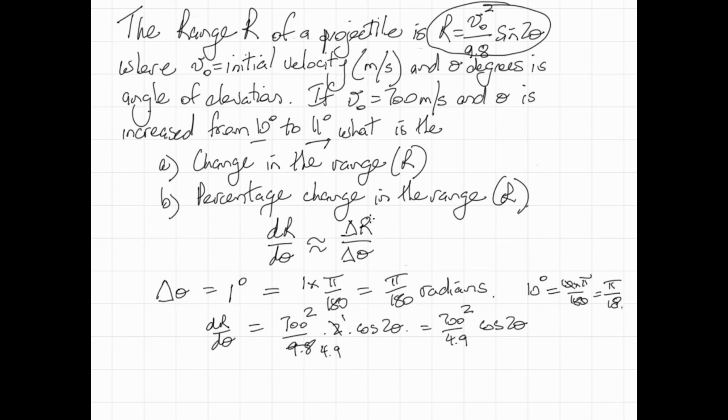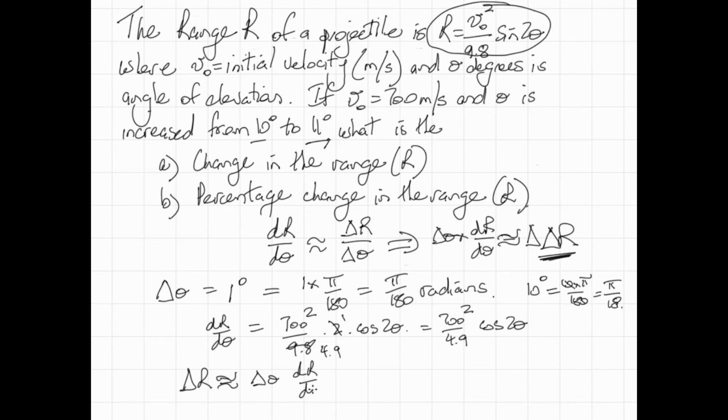So putting it all together, this allows us to say that if we multiply both sides by delta theta, we've got delta theta times dr d theta is approximately equal to delta r. So this is what we're trying to find, the small change in the range. So we can quote that delta r is approximately equal to delta theta times dr d theta.